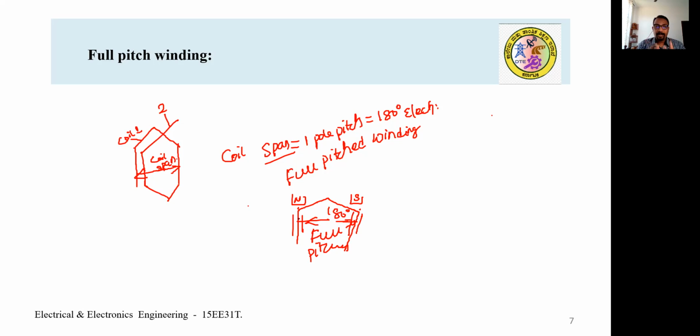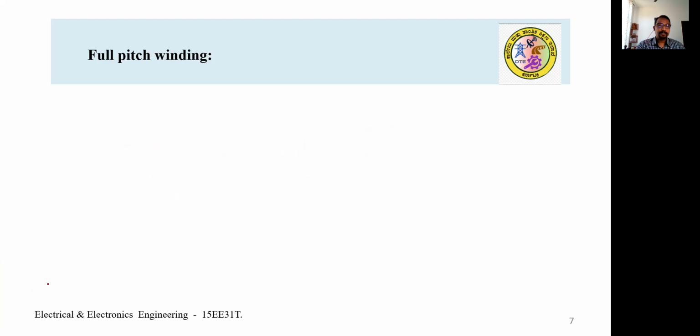That means if we place one side of the coil in one slot under the N pole, then its other side exactly comes under the S pole. Such windings are called full pitched windings.